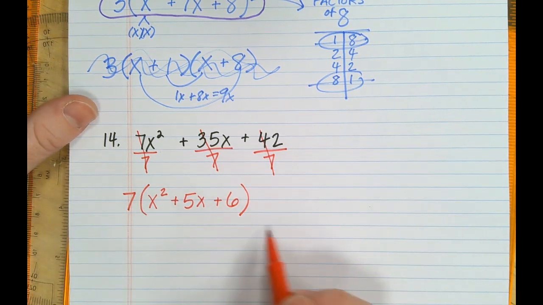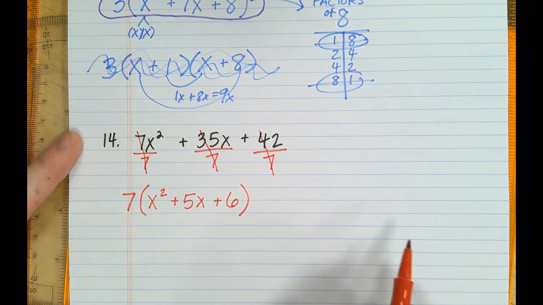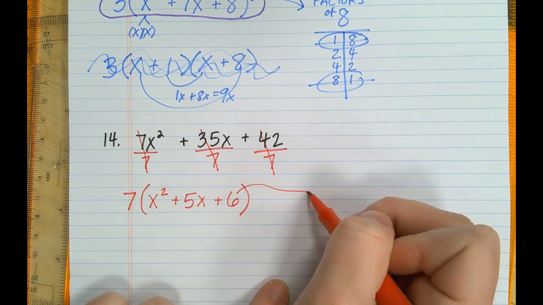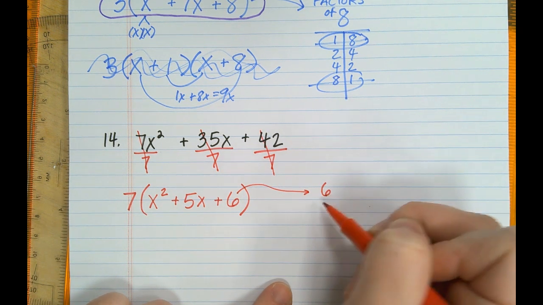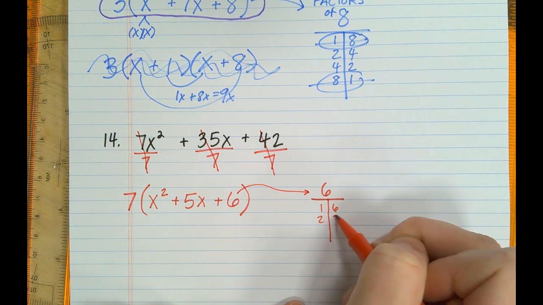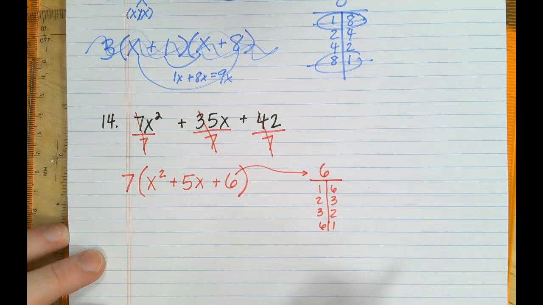Now we're here. What do I do now? I want to see what all the factors of C are, or 6. And what are they? 1 and 6, 2 and 3, 6 and 1, 3 and 2. Perfect. We've got 4 options.